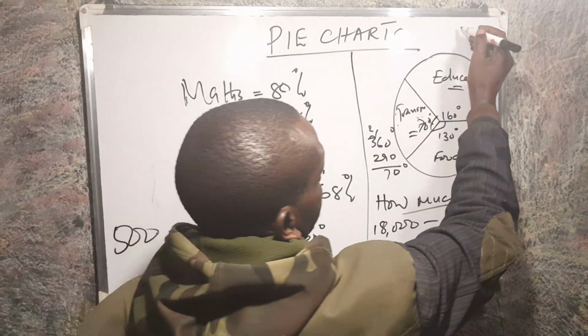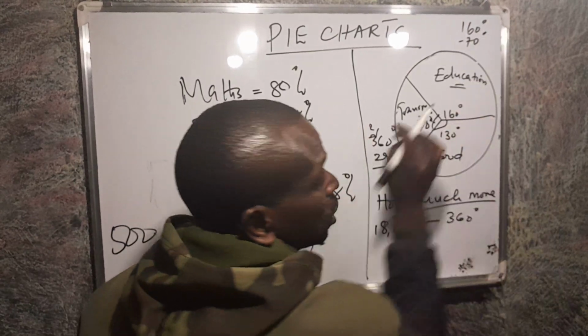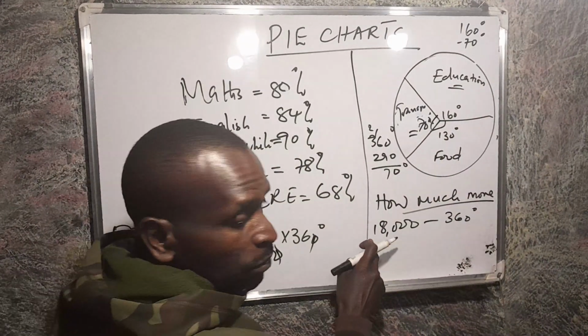So this is 160 degrees subtract 70. That is the difference in degrees.